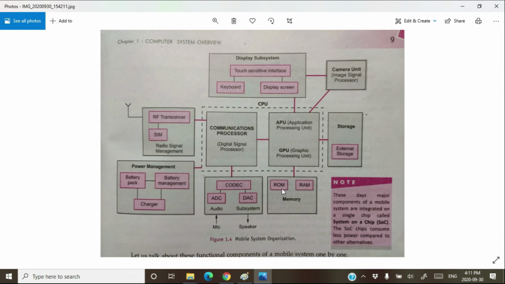The ROM is actually either flash memory or EEPROM, that means electrically erasable programmable read-only memory. So the operating system and all the pre-installed apps which are very important for the smartphone to keep it up and running reside in the ROM.